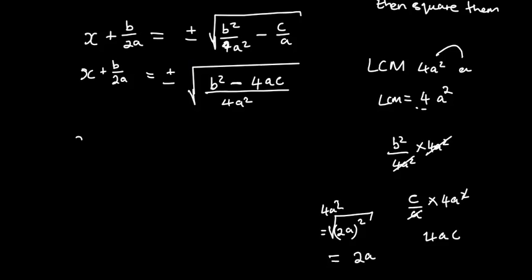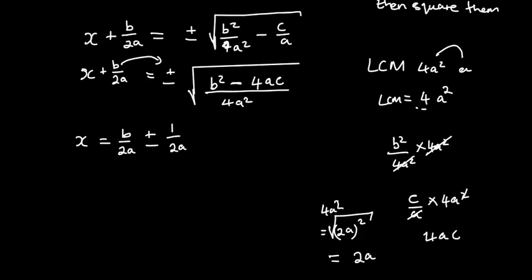So we'll have x. I'm also going to take this expression to that side. So we will have x equals b over 2a plus minus 1 over 2a.